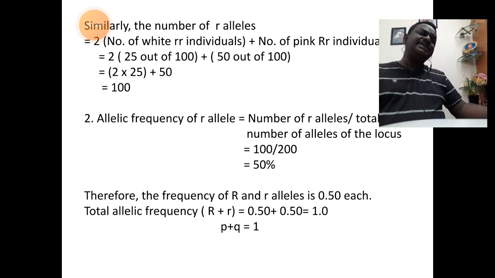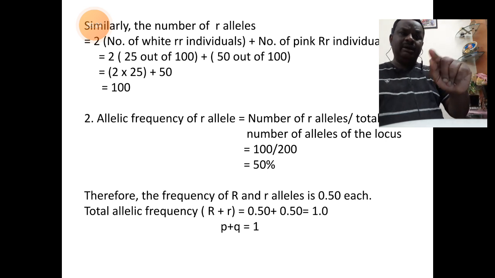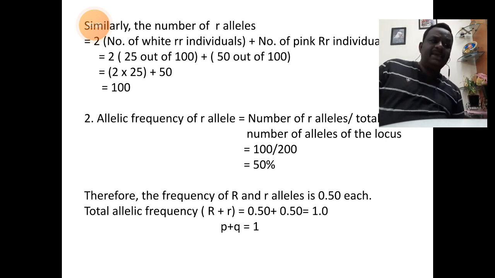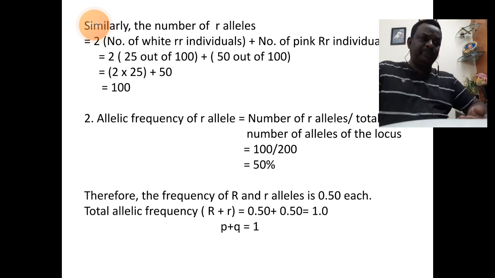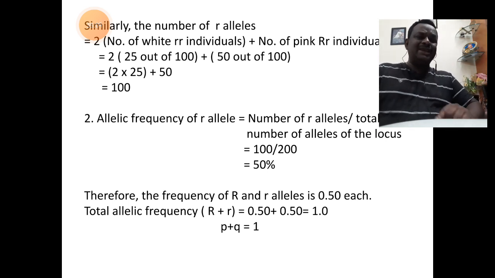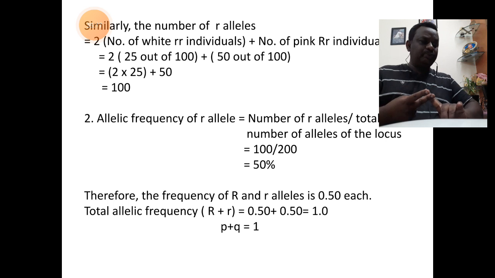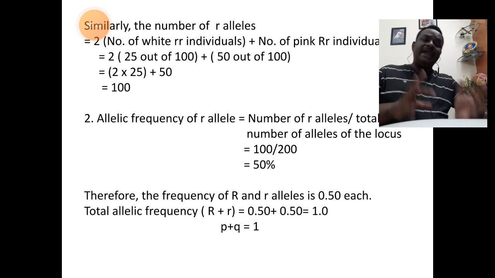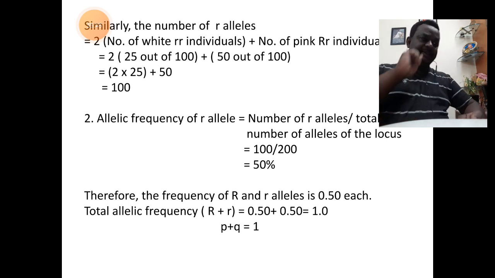If I represent the allelic frequency of the dominant allele capital R as lowercase p and that of the recessive allele as lowercase q, then the sum total, p plus q, of the allelic frequencies of dominant and recessive is always equal to 1.